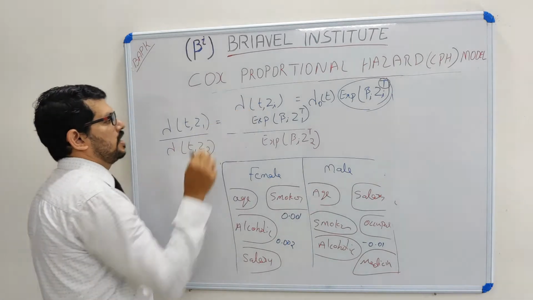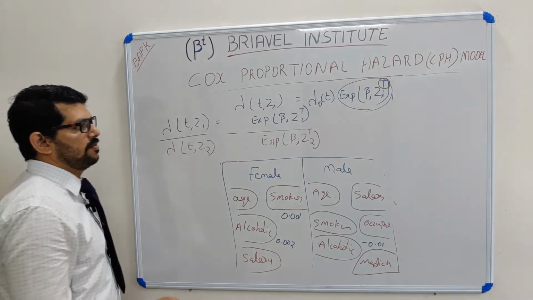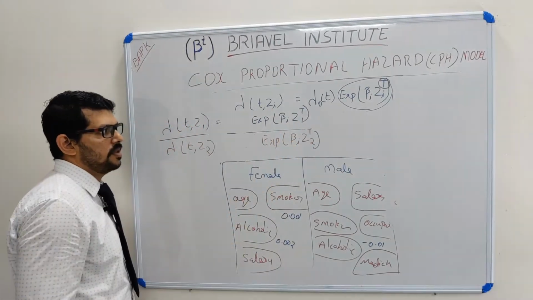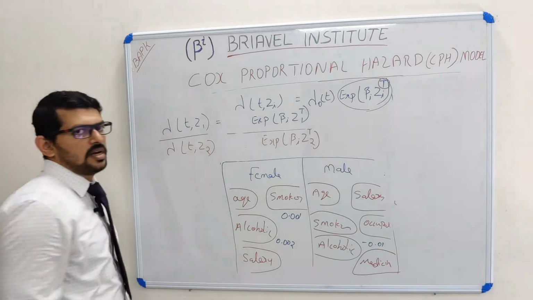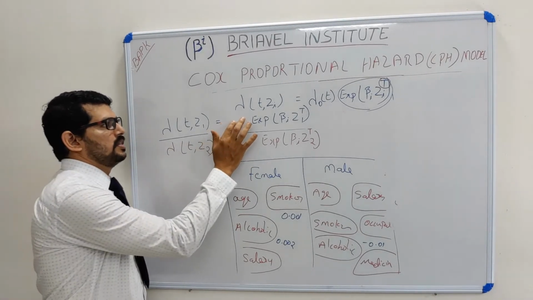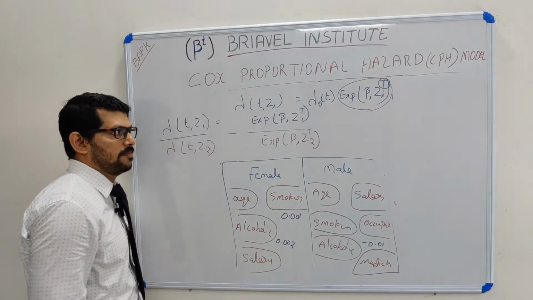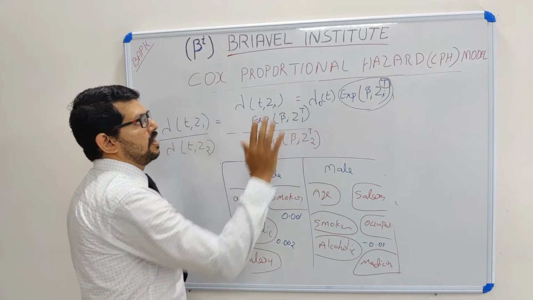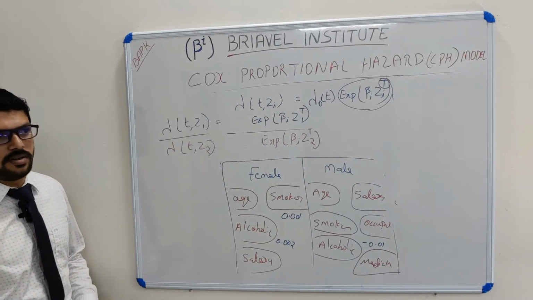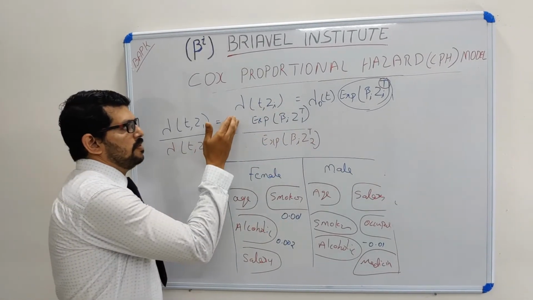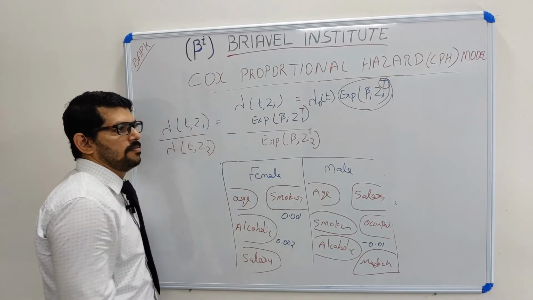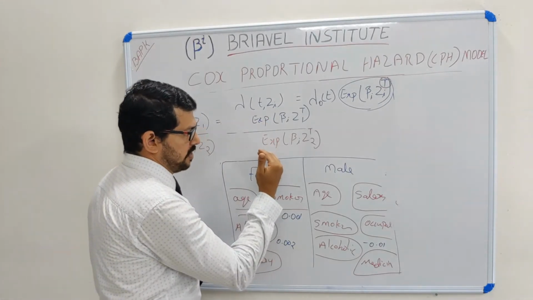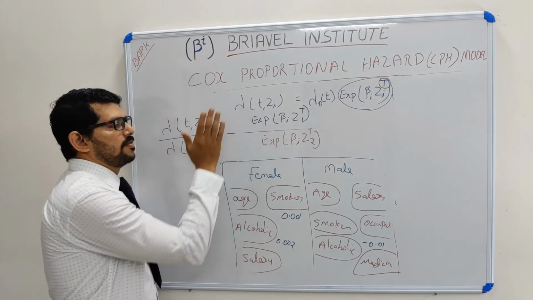So the hazard rate depends on the exponential factor of the regression value and covariates. We removed the baseline hazard. That is important. Due to that, we can say the Cox proportional hazard model is a semi-parametric model, because the baseline hazard is not affecting the comparison. When we compare two individuals, the baseline hazard is not affecting.